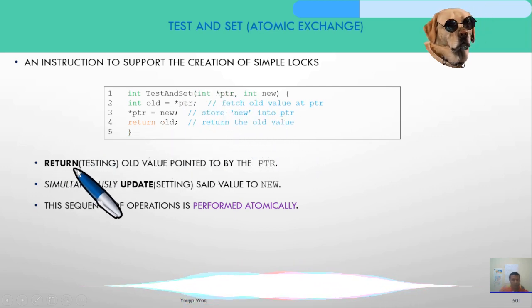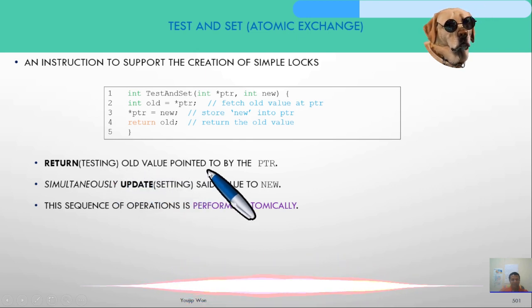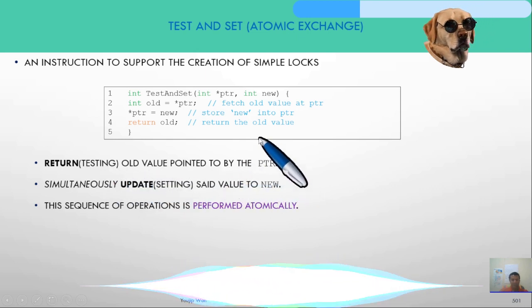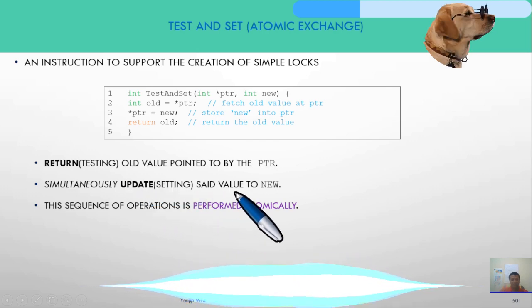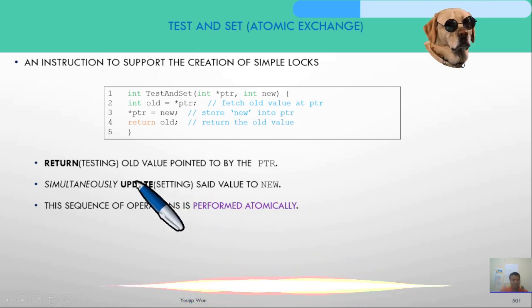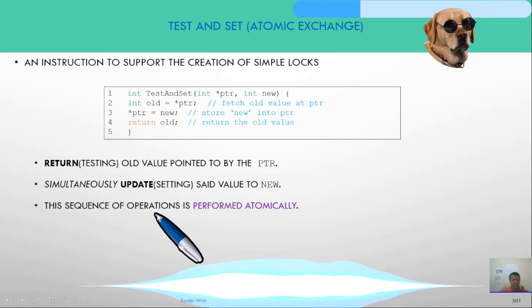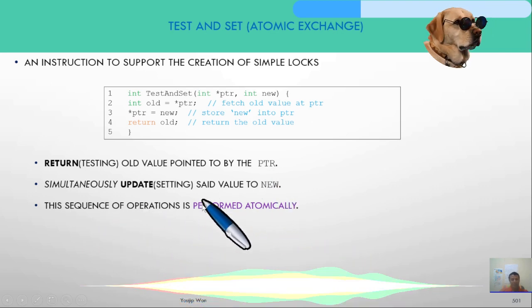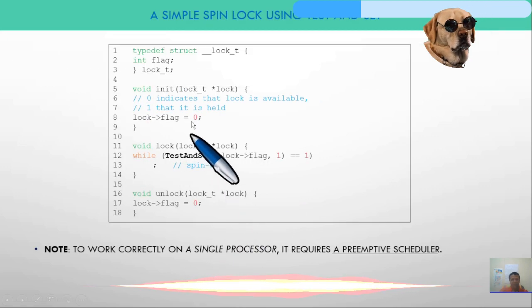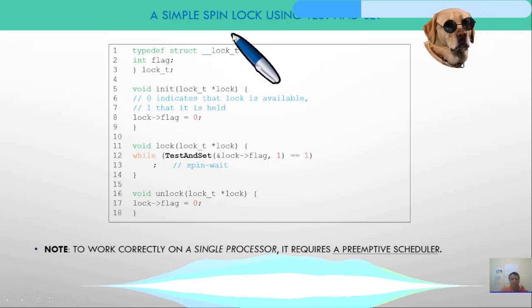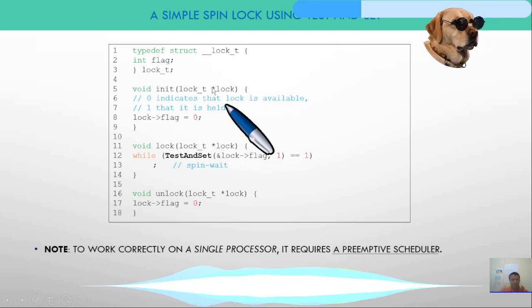So here it returns the old value pointed to by the pointer, while simultaneously updating, setting that value to the new one. This sequence of operations is performed atomically, and then a simple test-and-set will continue.